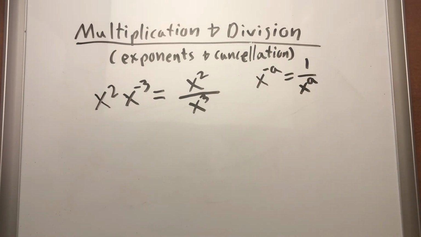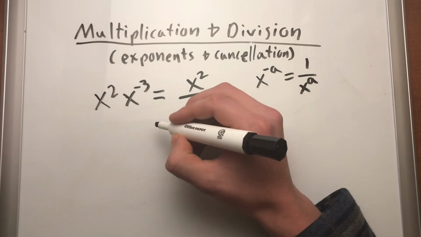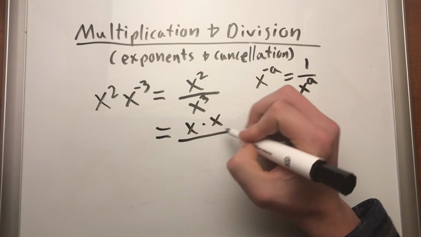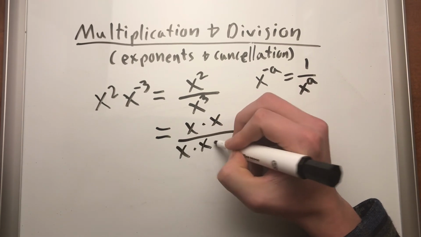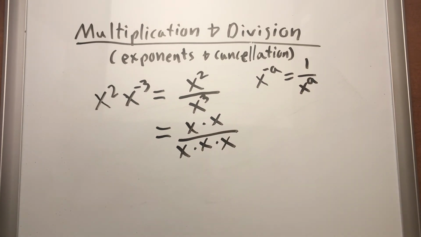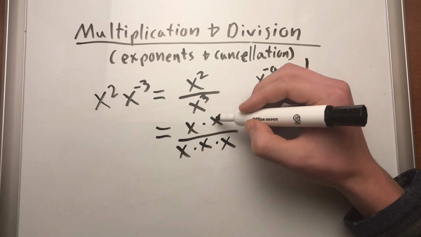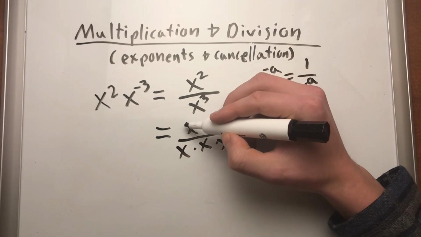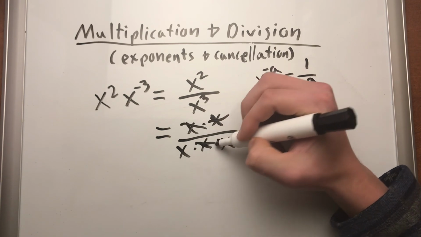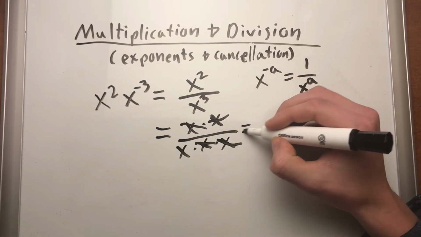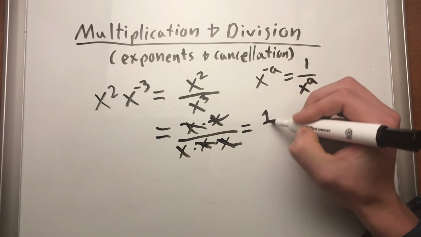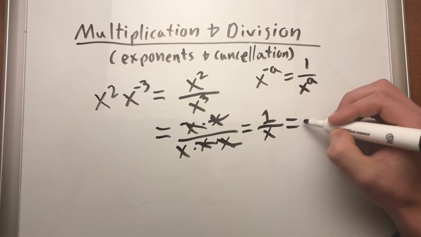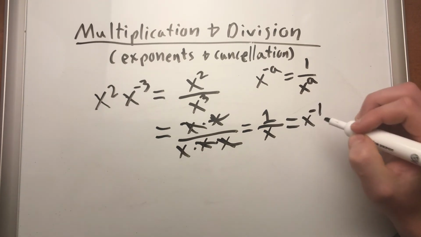So how does cancellation work in this case? Well, x squared is simply 2 x's multiplied together, and x cubed is 3 x's multiplied together. We have one x here that can cancel with one of the x's, and we have another x that can cancel with another x. And what we're left with is 1 over x, which can be rewritten as x to the negative 1.